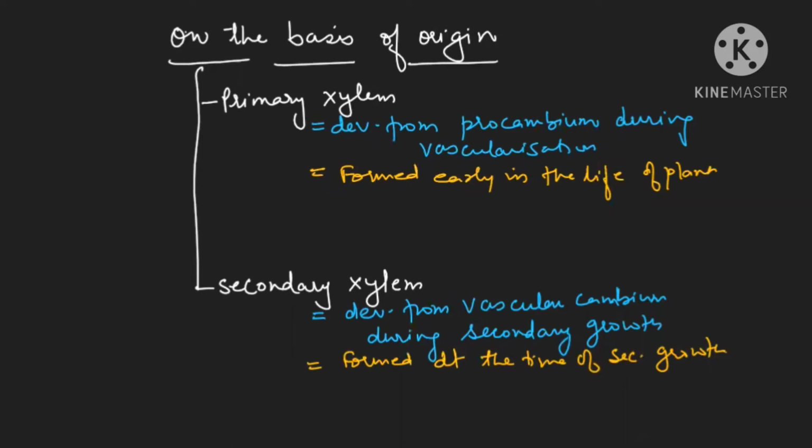Now, on the basis of development, primary xylem is again divided into two. One is your protoxylem, next is your metaxylem. Protoxylem, in which lignification will be started before the completion of elongation.